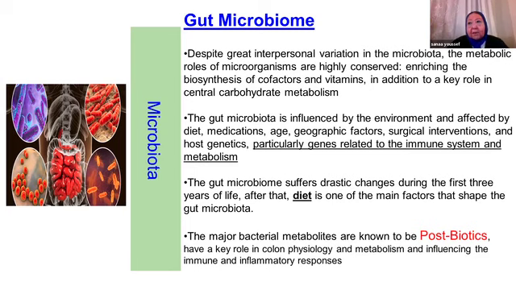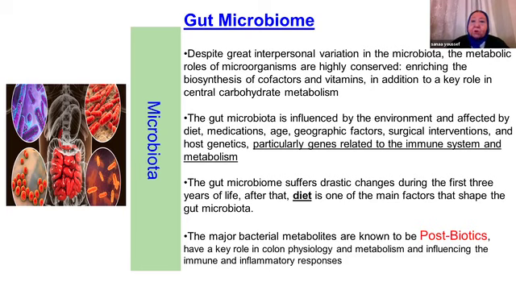Gut microbiota go through changes with the stages of life. It is very well known. In the first year of life, what you put into the mouth of the baby, whether they are breastfed, then during weaning, and later on in the preschoolers, this puts the foundation for their immune system for their whole life.